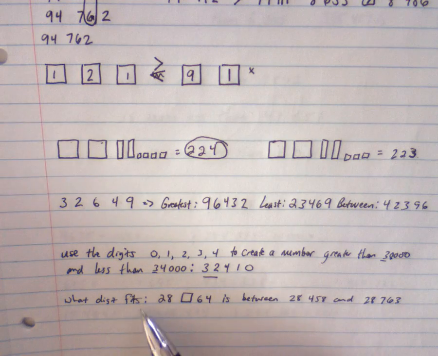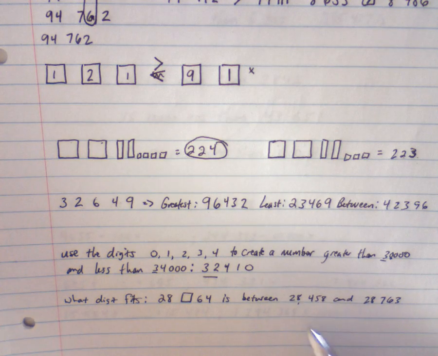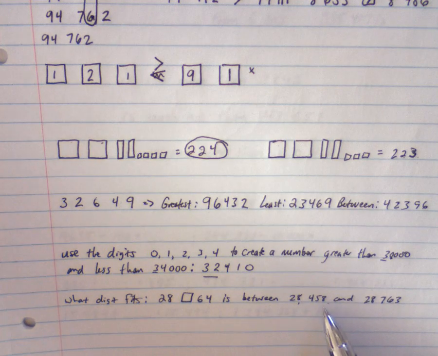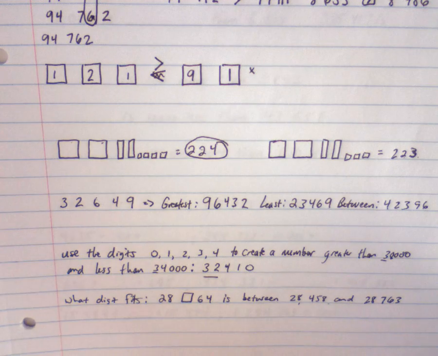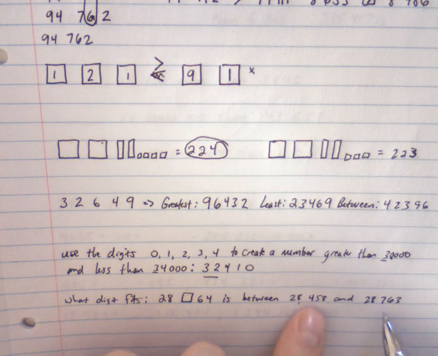Last but not least, which digit fits? So 28,000 blank 64 is between, and you've got to read this whole thing, 28,458, which is small, and 28,763. So my advice to you would be to use a number that is between 4 and 7.